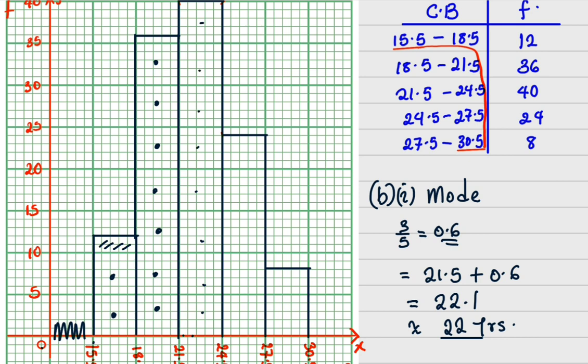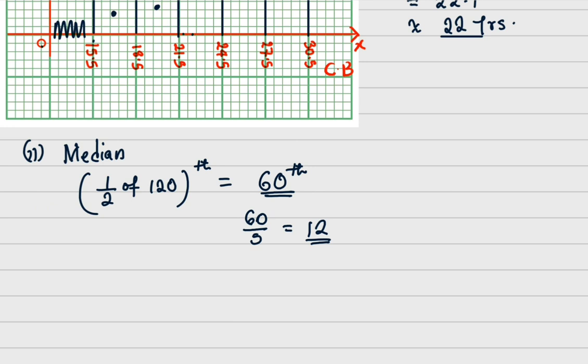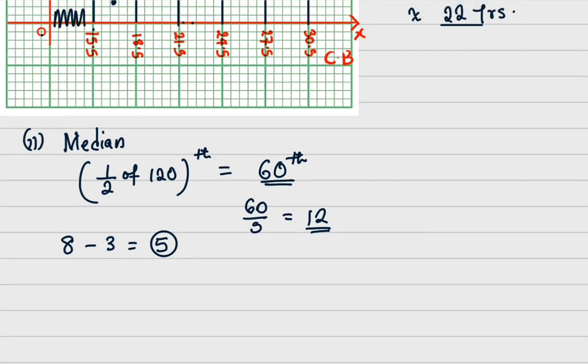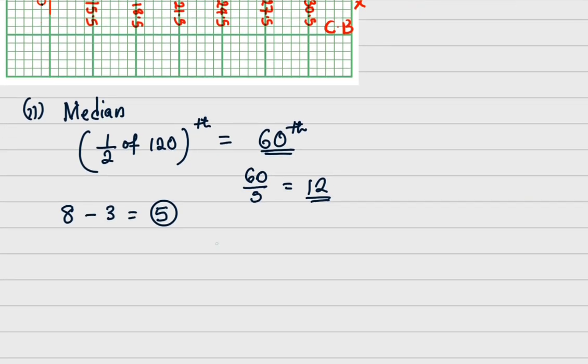So what will I now do to actually get the 3 more that I need? This is how you do it. You come here, the next bar has 8, and you actually need 3 out of it. So if you subtract 3, you have 5. Since we have 5, how can we now get the 3? What we'll do is the 3 over what? 5, which is going to give me 0.6.